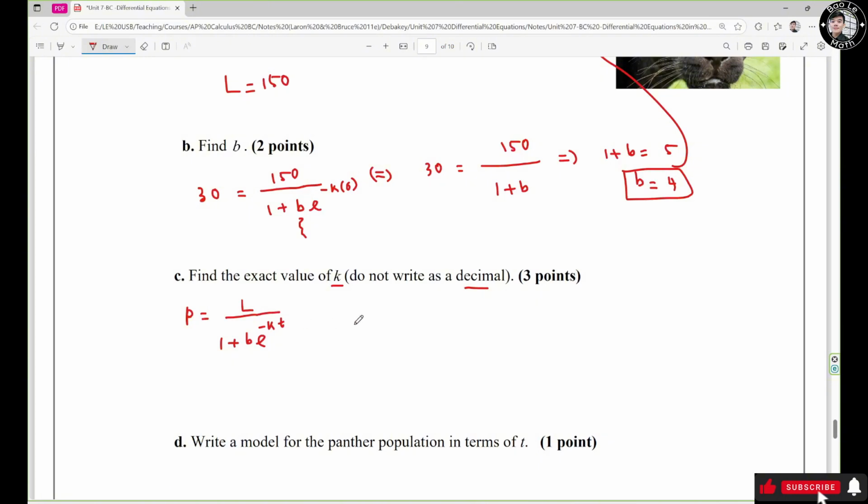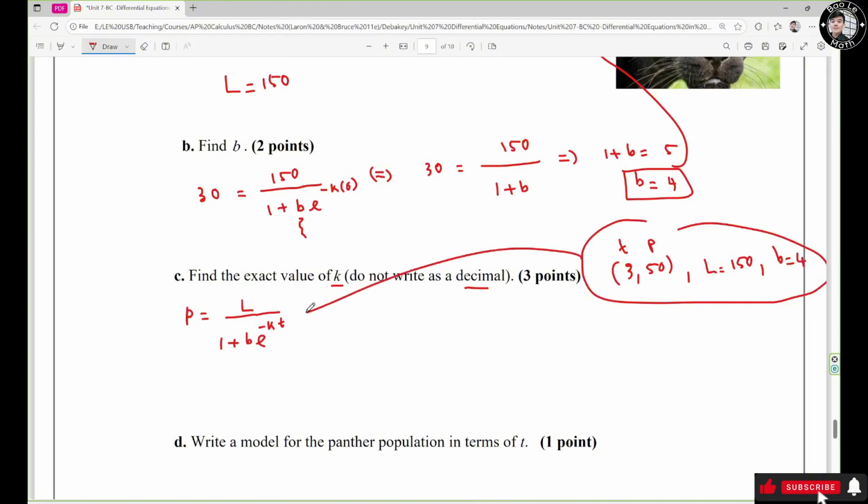Since we're using the ordered pair 3, 50, this one is t and this one is p. Now we have the carrying capacity L equals 150, then we have b equals 4. We substitute the whole thing into this equation to solve for k.